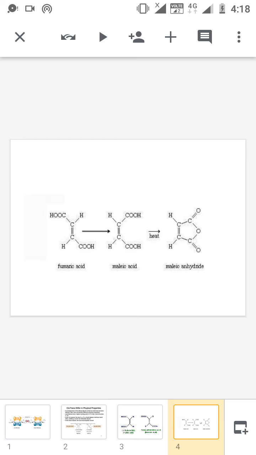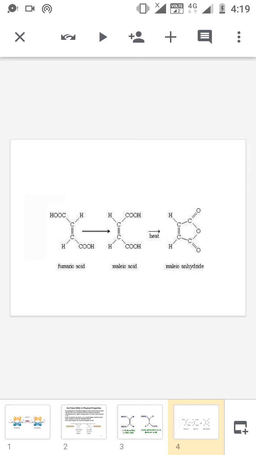But fumaric acid does not give the anhydride. Whereas maleic acid, while heating, will readily form maleic anhydride. But if you strongly heat fumaric acid, it is converted into maleic acid, and that will produce maleic anhydride. So how will you convert fumaric acid into maleic acid?